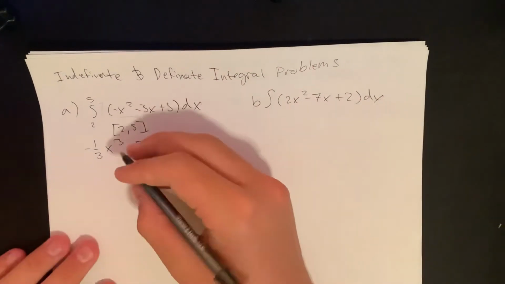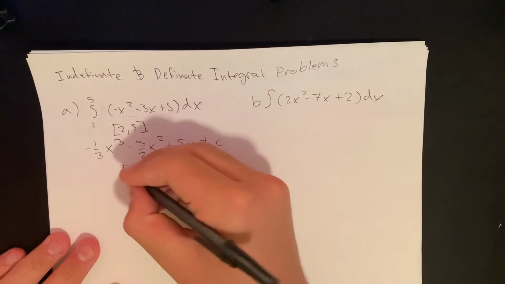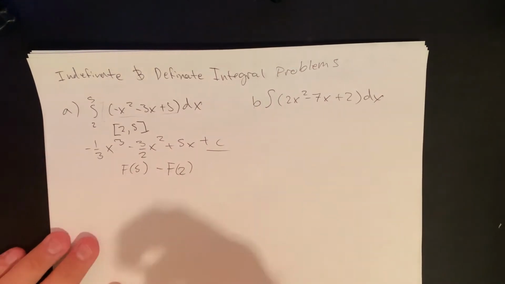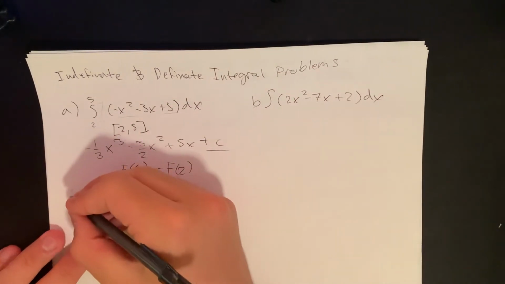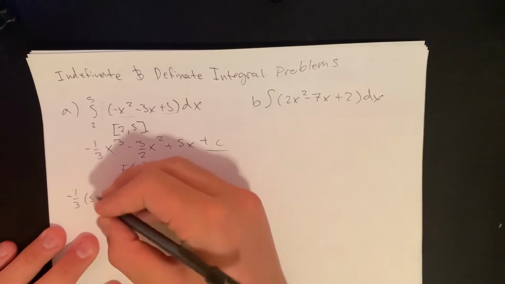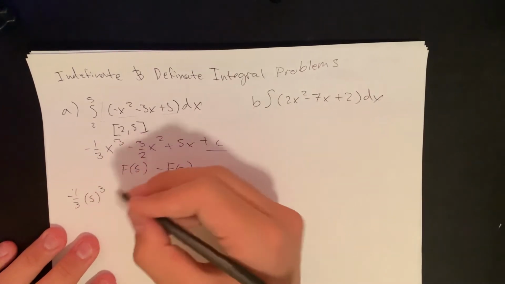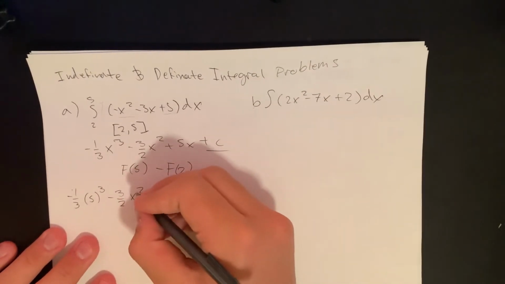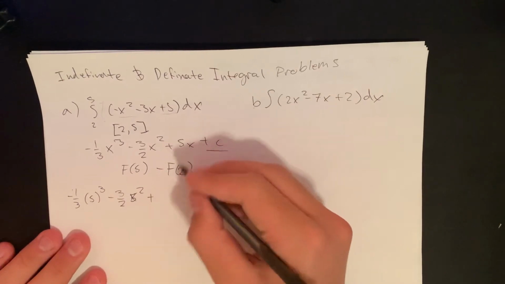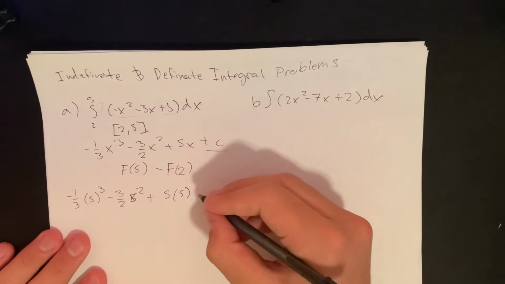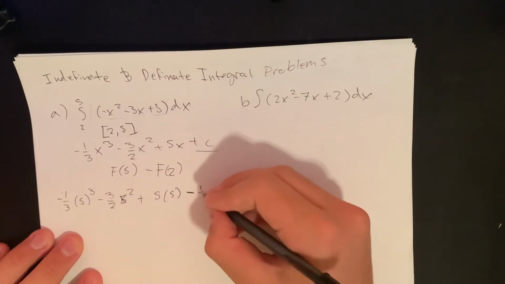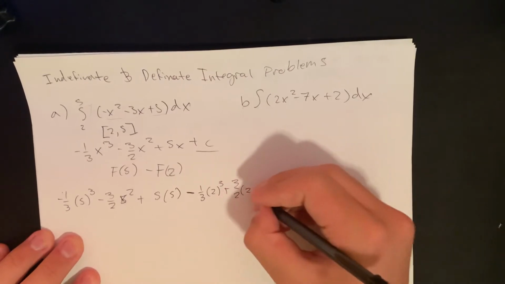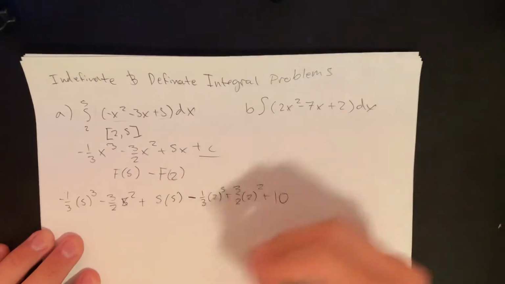And then we know the differentiation, so we're going to have to do f of 5 minus f of 2. Therefore, when you plug all these numbers in, it'll be negative 1/3 5 cubed minus 3 over 2 x squared, or 5, and then 5 times 5, minus 1/3 2 cubed plus 3 over 2 squared plus 10.